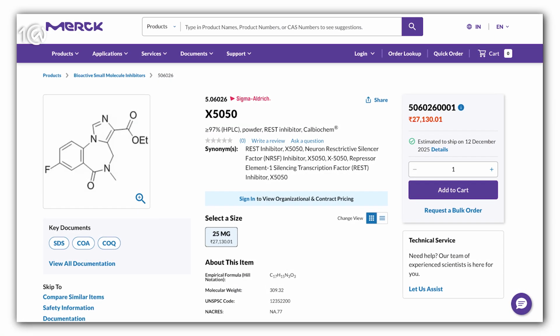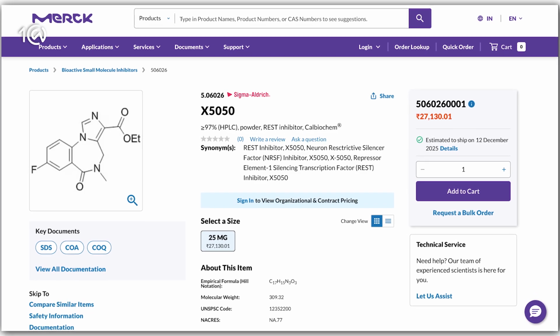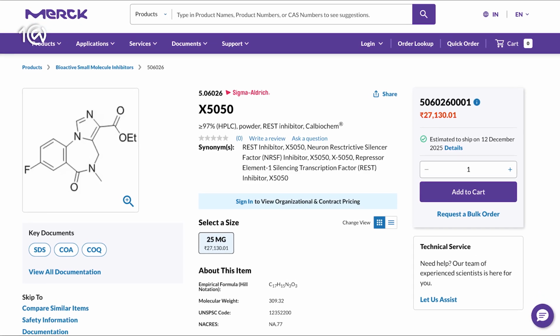We attribute this specifically to REST action because we have another drug known as X5050, a small molecule that targets REST specifically and causes REST to degrade. When we put lithium and X5050 together, the effect of lithium becomes neutralized. So in the presence of X5050, even though you treat the cells with lithium, nothing happens.